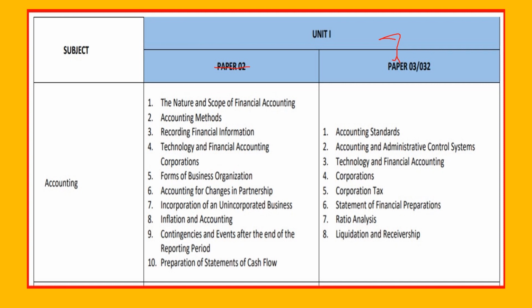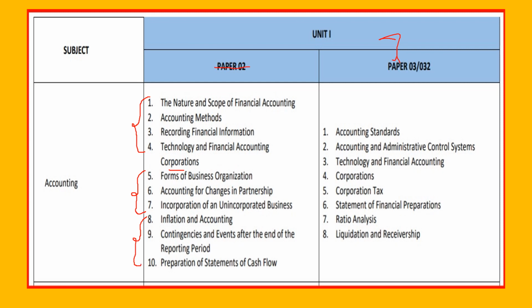Now the first four topics come from module 1. I'm not sure where this corporation is fitting, but corporations is a module 2 topic. So 5, 6, and 7 are module 2, and 7, 8, 9, and 10, we're looking at module 3.